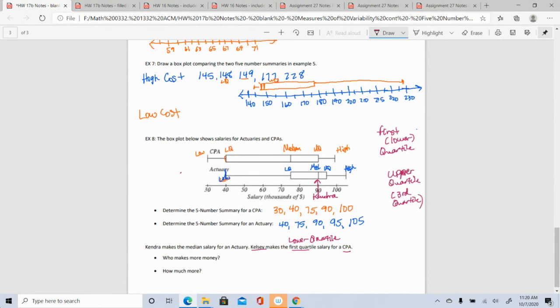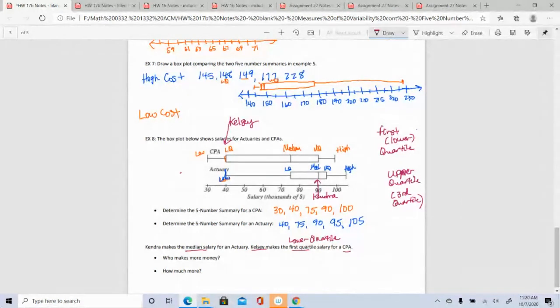But you're not going to see that too often. But okay, Kelsey makes the first quartile salary right here for the CPA. That puts her at this range. That's Kelsey. Okay, so Kendra makes a median salary for the actuary. Kelsey makes a lower quartile.